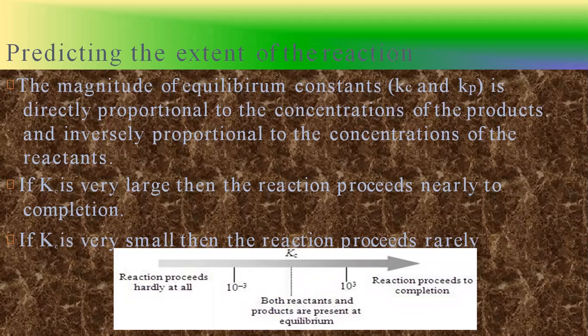Let's elaborate all three points. How can you predict the extent of reaction? The magnitude of the equilibrium constants Kc and Kp is directly proportional to the concentration of the product and inversely proportional to the concentration of the reactant.